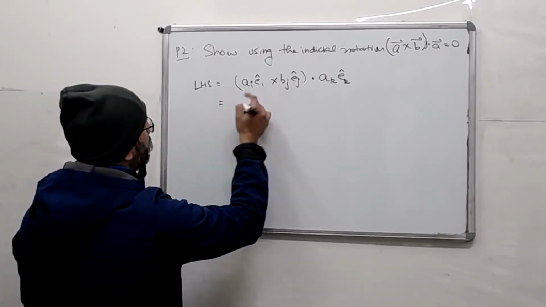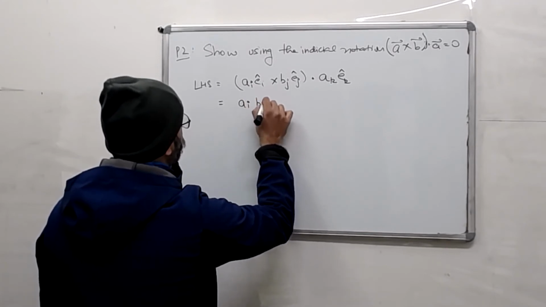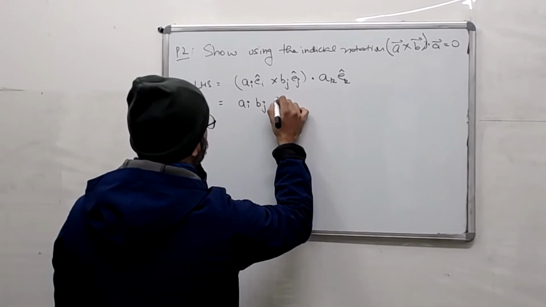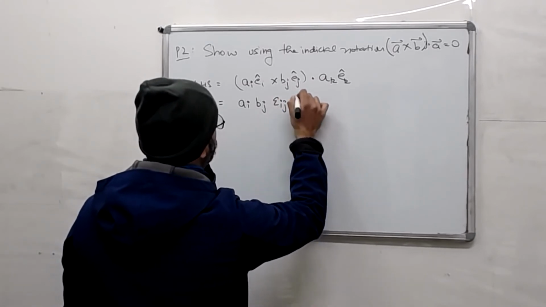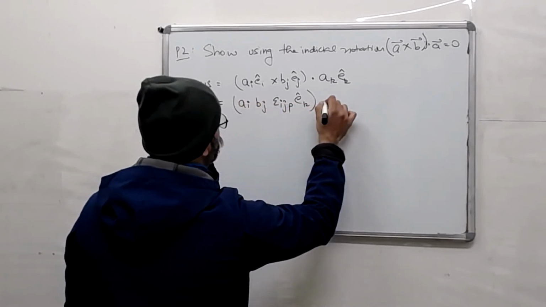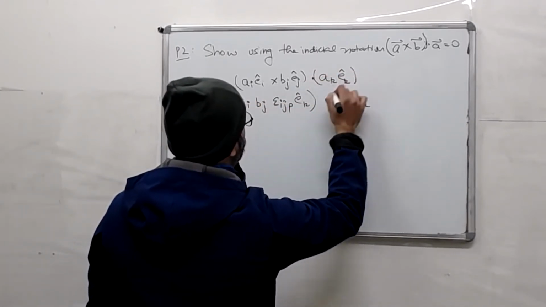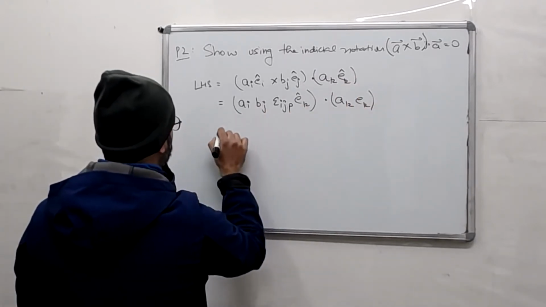So let's solve the cross product first. We get ai bj, scalar components, go on the left hand side, and ei cross ej is epsilon ijp ep, and this is dotted with ak ek. Again, ak is a scalar component, so that can go on the left.